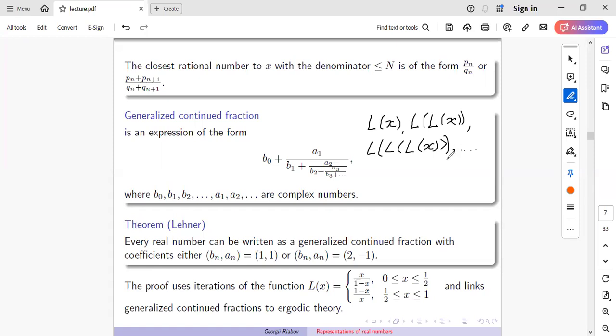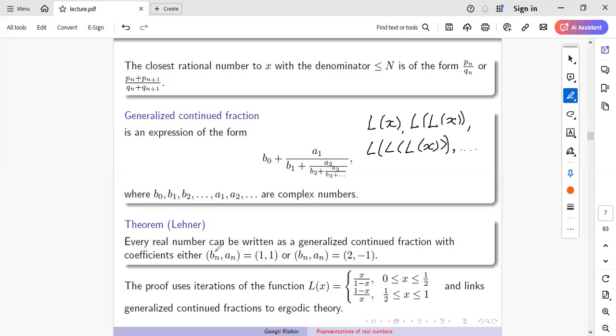And it turned out that such results are used in more profound mathematics like dynamical systems and ergodic theory. So if you are interested, you can read more about generalized continued fractions.